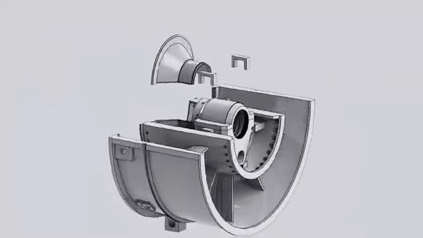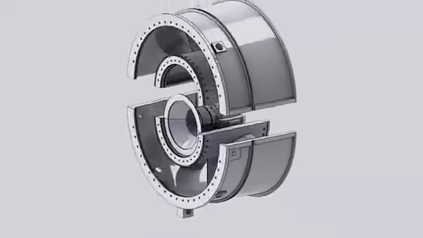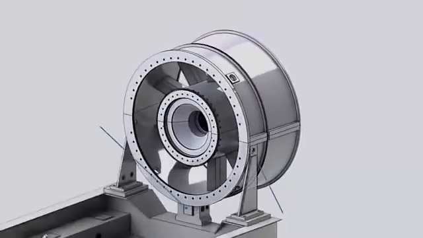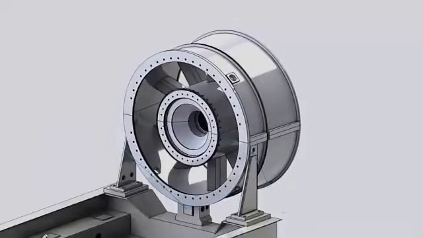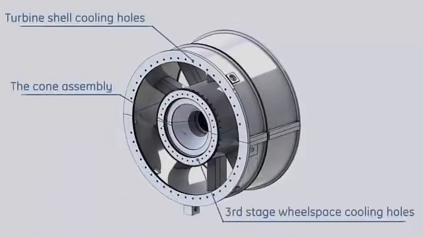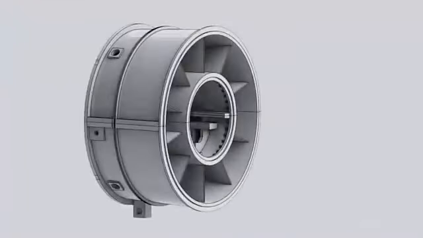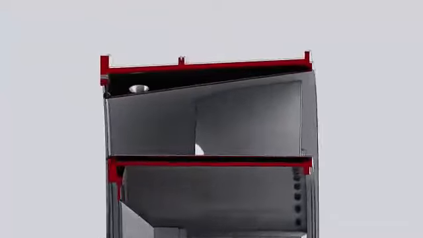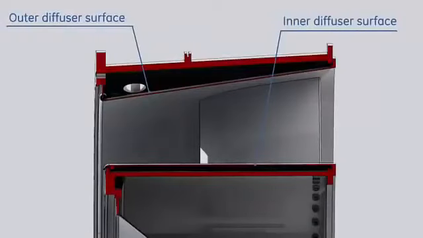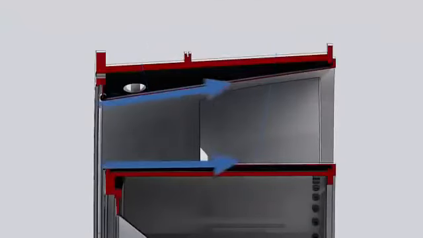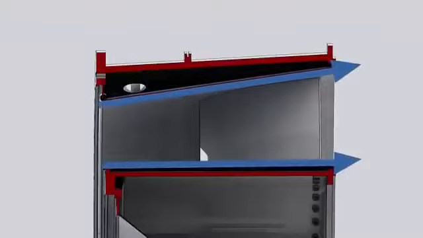The lower part of the outer cylinder features mounting points for the turbine aft legs and the jib key. The inner side of the exhaust frame parts is covered by the inner and outer diffuser. The outer diffuser surface is manufactured to provide divergent cross-sectional area to increase the exhaust gas's pressure.